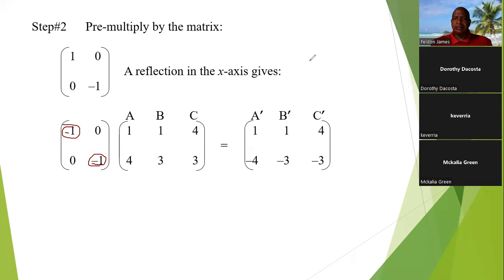Miss Green, work with me, please. Is that clear that if the -1 is in the top row, what you would just do is change the sign of the numbers in the top row in the pre-image? Is that clear? Yes, sir.